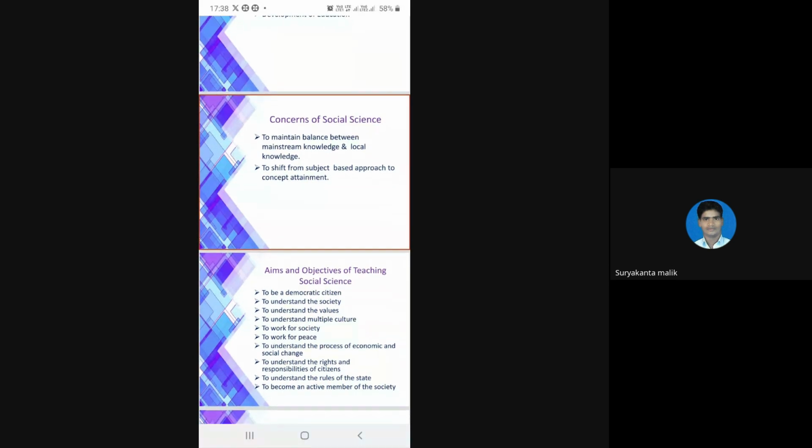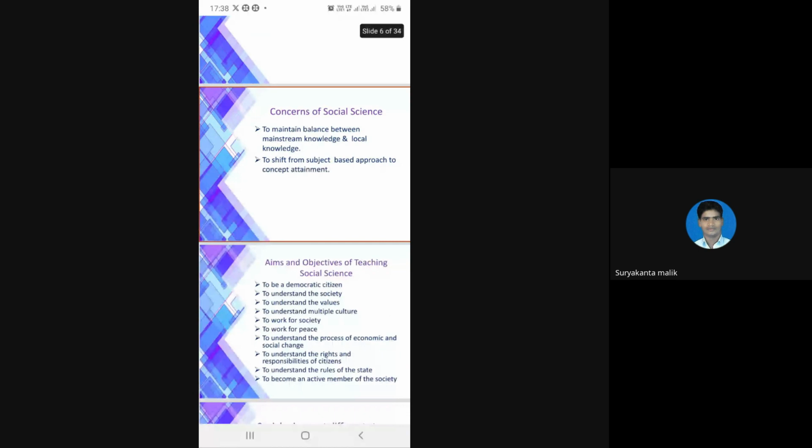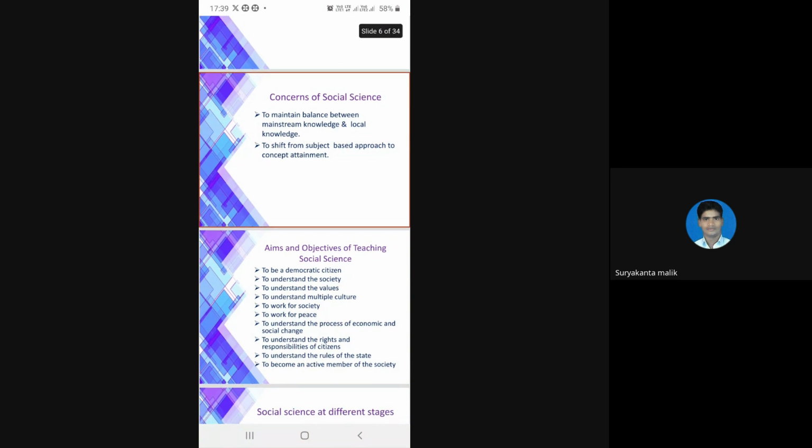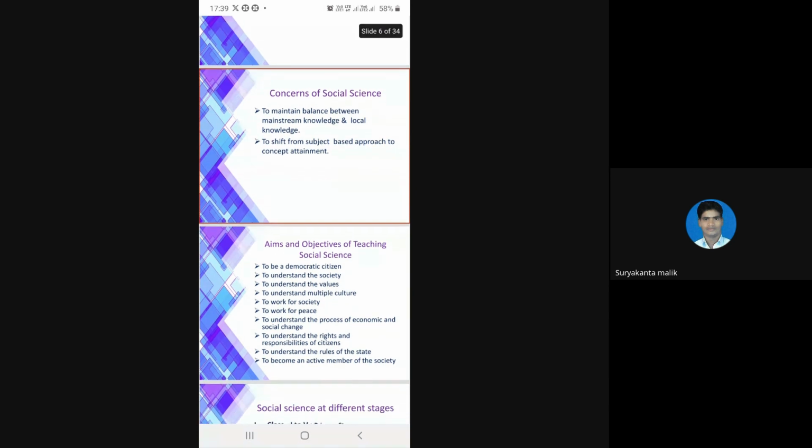And to understand the rules of the state, here meaning the government or the state or the center, the rules and regulations imposed on the society by the state or the center, and to become an active member of the society, not only to live passively in the society but to work as an active member. Everyone should feel that I am an active member of the society.